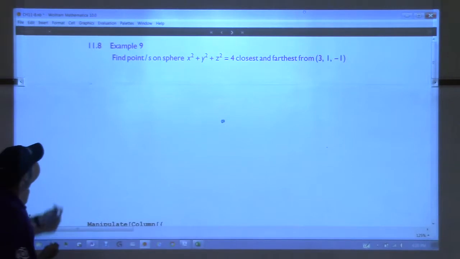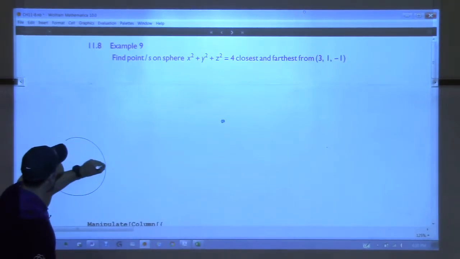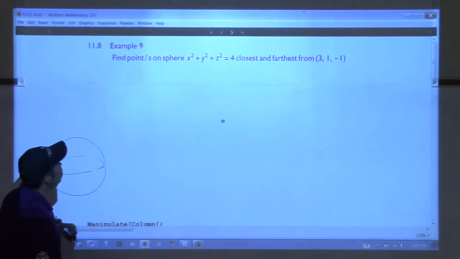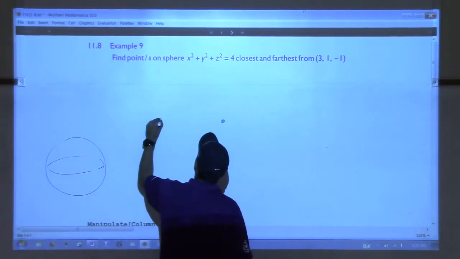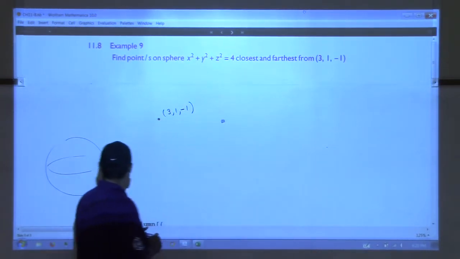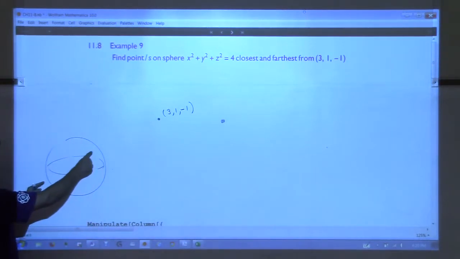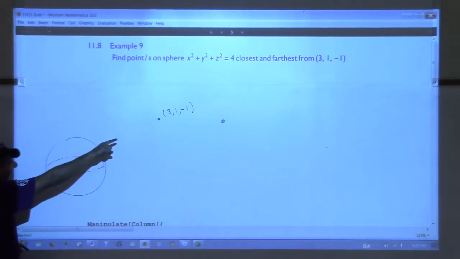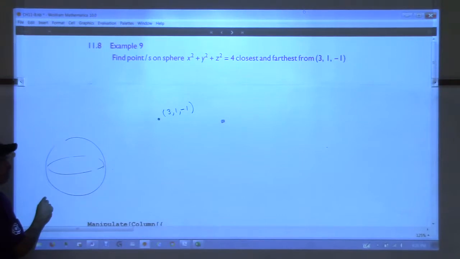So you have a sphere sitting somewhere in 3-dimensional space, and a point sitting in 3-dimensional space. You want to find the points on this sphere that are closest to that point and furthest away.